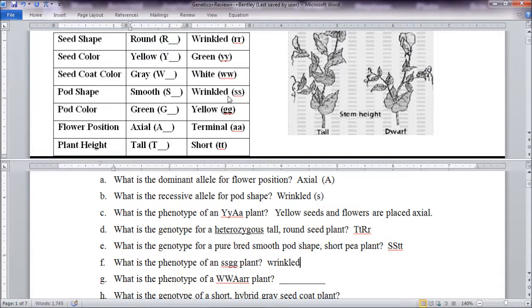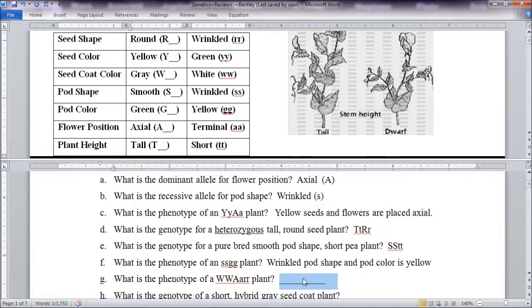Remember, if we ever have two of the same recessive gene, we're able to get that recessive trait. So it will be wrinkled pod shape, apologies. And the little g will make the pod color yellow. That doesn't sound like a very pretty plant.